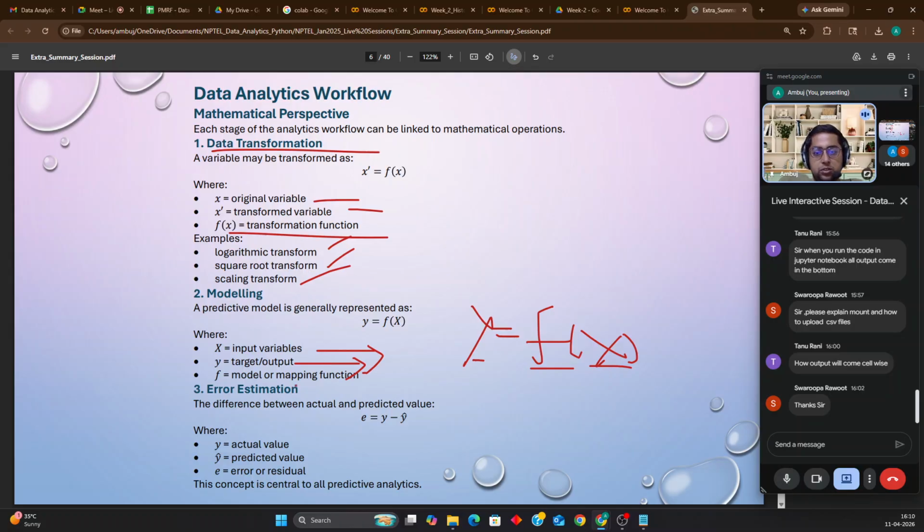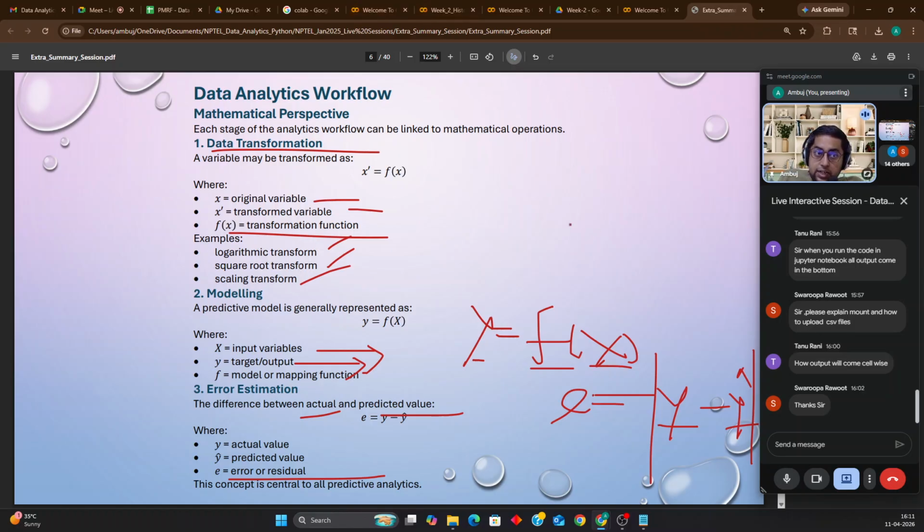Error estimation between the actual and predicted value is carried out as y minus y hat, where y hat is the predicted value from the model, and y is the actual value from the data set. The error or residual term is the difference between the actual value and the predicted value. And often we go for more.